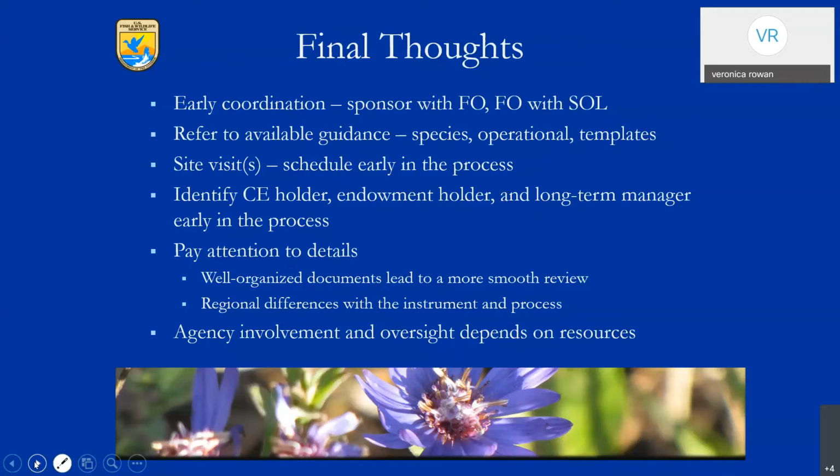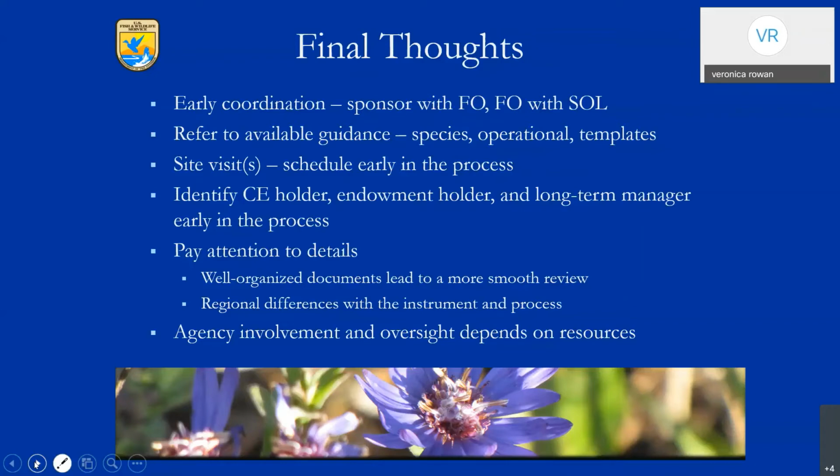Obviously, pay attention to the details. We want to make sure that everybody understands the terms of the bank enabling agreement. It's important that people can pick up the document years down the road and understand what everything means, how this operates.